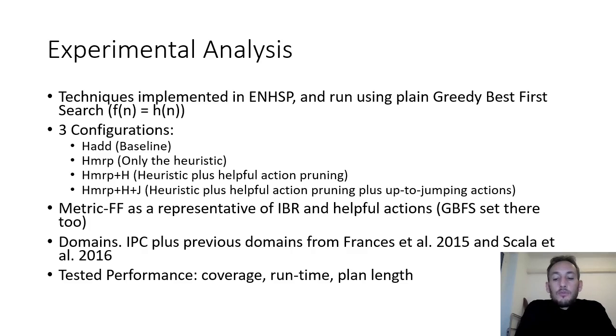So we add up-to jumping actions into the frontier by using the semantics that I described before. We compare performance against the HAD and the metric FF planner, and we use domains from previous international planning competitions and more recent domains. We test coverage, runtime, and plan length.